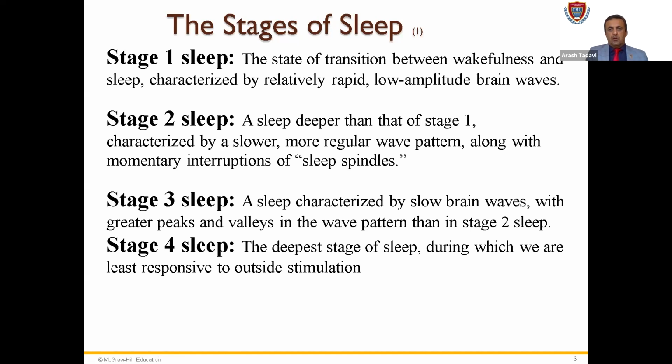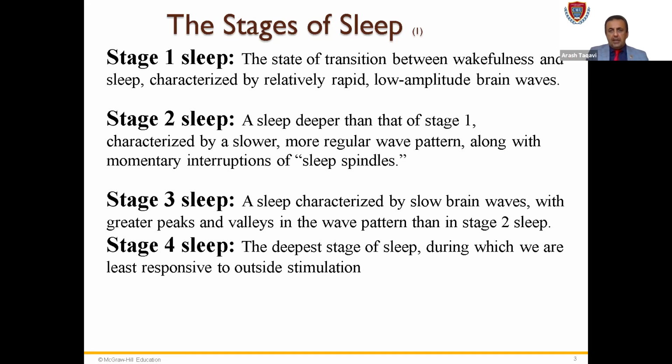Stage 2 is sleep deeper than stage 1, characterized by a slower, more regular wave pattern, along with momentary interruptions called sleep spindles. We can find them, for example, in EEG, electroencephalography, and other tools we use for assessment of sleep.